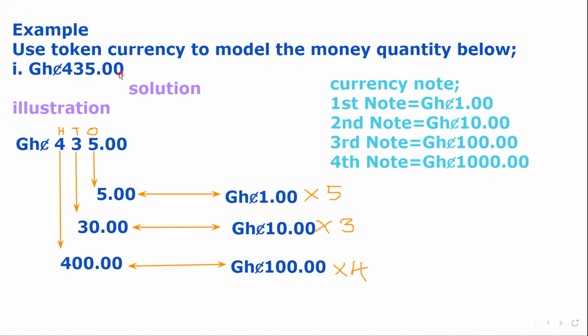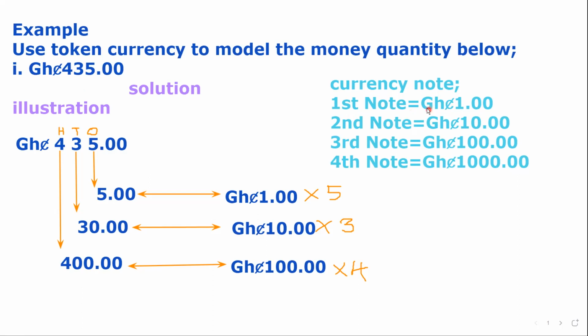This is just symbolic to show that they are in Ghana cedi. So here the 5 is the last digit of the amount that we have stated here. And since the last digit does not end with 0, then the minimum currency that we're supposed to use is 1 Ghana cedi here.